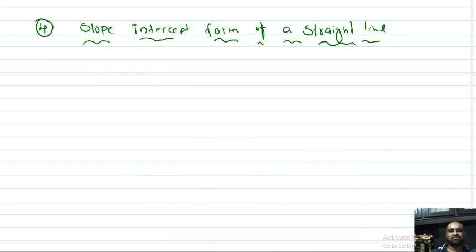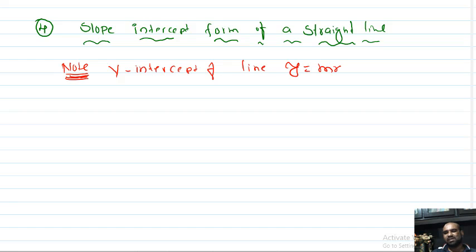Listen students, important note. The y-intercept of the line y equals mx plus c is what? Just now I explained c only. But what is the x-intercept of this same line?